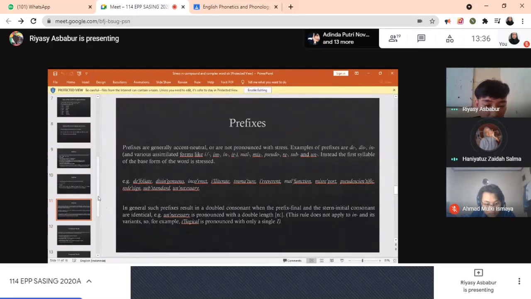Prefixes are generally accent neutral or are not pronounced with stress. Examples of prefixes are de, dis, in, and various assimilated forms like il, im, in, ir, mal, mis, pseudo, re, sub, and un.